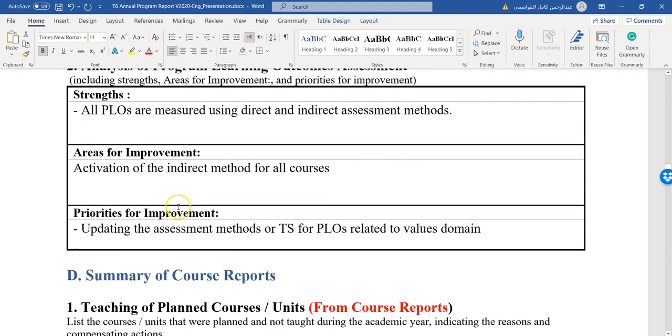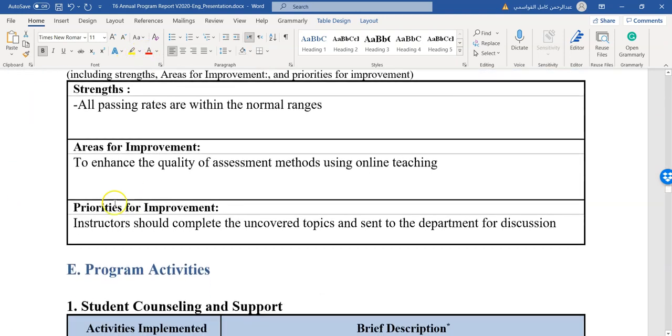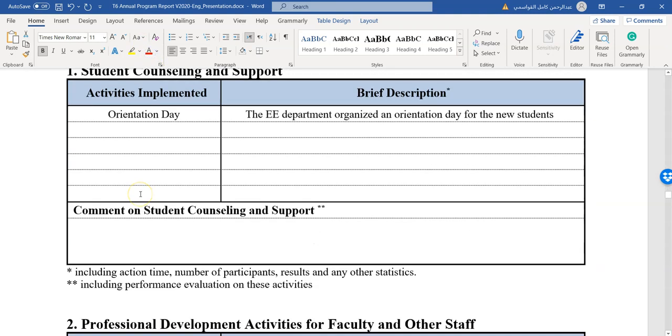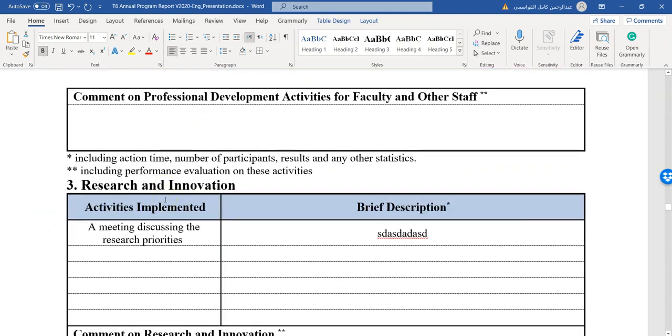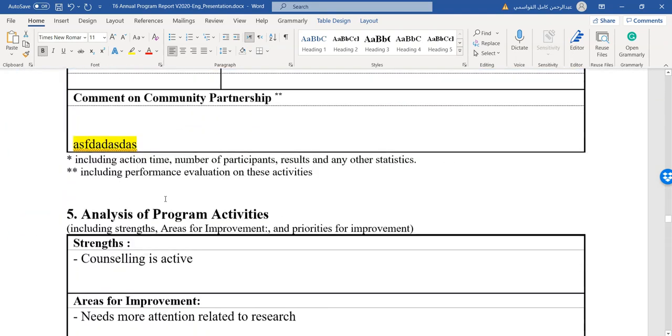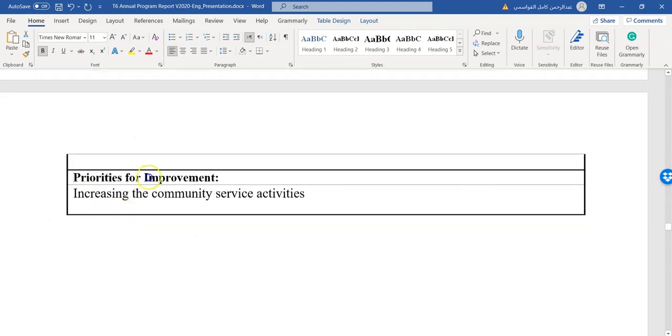You go down, you have here one. You go back down for courses, you have here one. About students counseling and support, professional development, research and community service, you have here one.